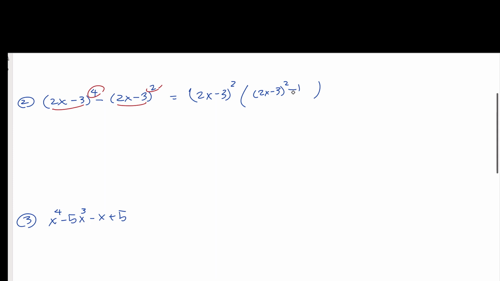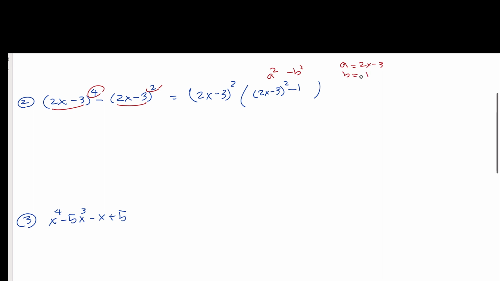Now, can I factor this any further? I want to remind you, this awfully looks like difference of 2 squares. And what are those two things? A should be 2x minus 3, b is 1.